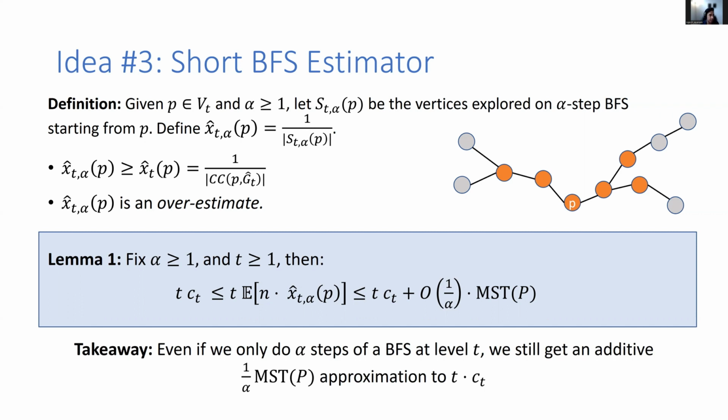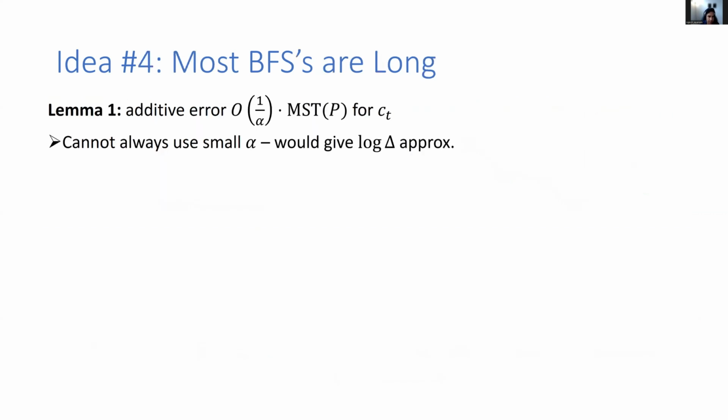I can't do this for every level, of course, because if I did this for every level with alpha equals 1, then I would get an MST additive error at every level, and a total of log delta times MST additive error because there are log delta levels. So even though we have this nice lemma that shows that shorter BFSs give some approximation, we can't always run a shorter BFS because we get this additive error whenever we do.